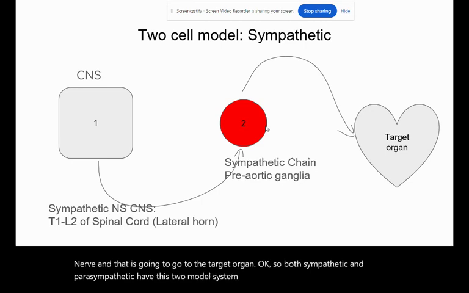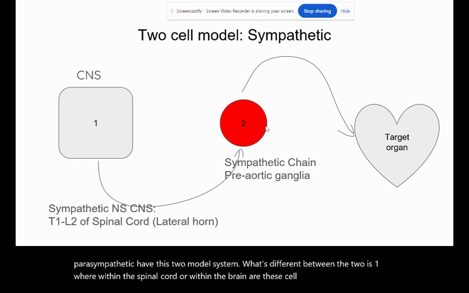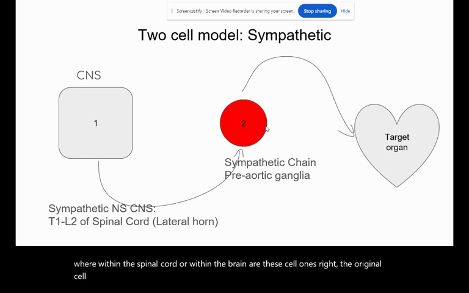What's different between the two is, one, where within the spinal cord or within the brain are these cell ones, right, the original cell, and where within the body are the ganglia. Those are the two main ways that the sympathetic versus the parasympathetic nervous systems vary.